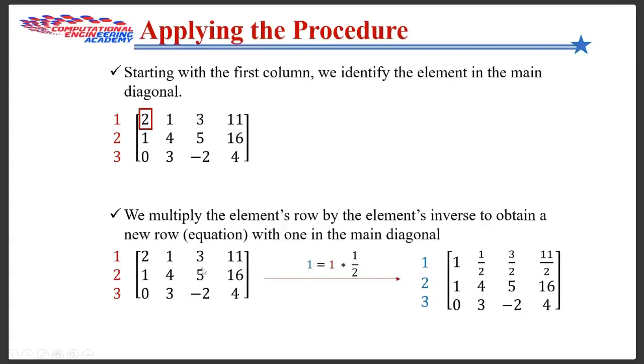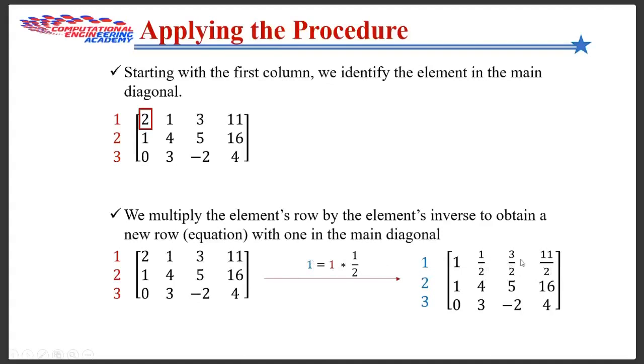So we will conduct an elementary row operation. We will multiply this row 1 by the inverse of the elements on the main diagonal, okay? The goal is to have our first 1 right here, and the others will change. So 1 divided by 2, 3 times half, 3 on 2, 11 times half, 11 on 2.